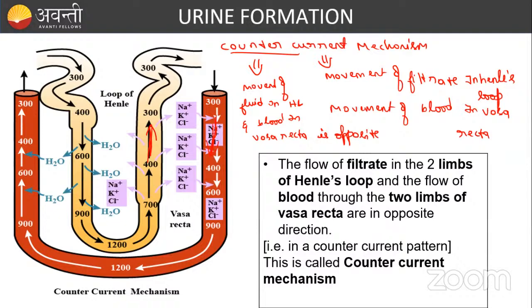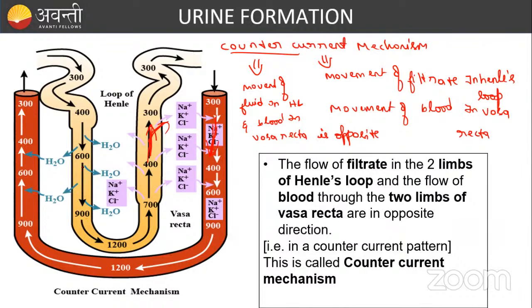Okay. So what will happen during this time? The ions will be exchanged. Here you can see, guys, mainly the ions released from the ascending limb of the loop of Henle are present in the interstitial fluid and are absorbed by the descending limb of the vasa recta.